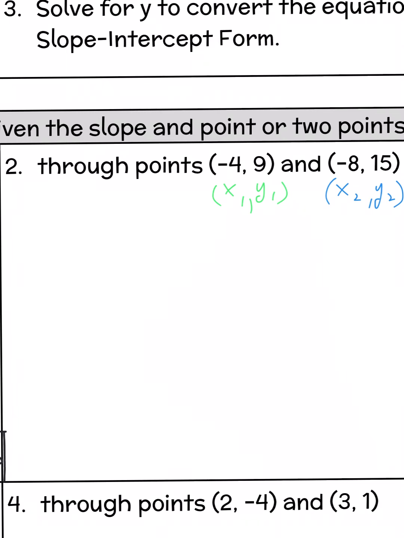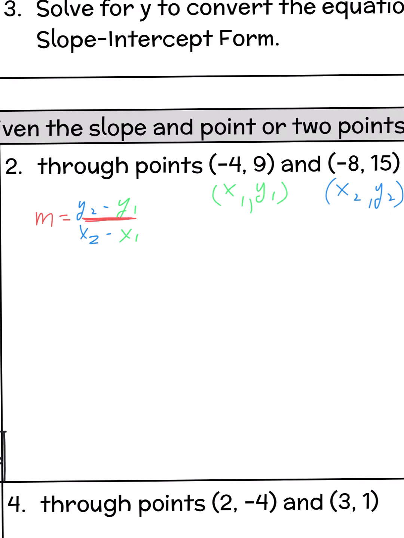To find the slope, I'm going to take y2 minus y1 over x2 minus x1. So that's all division going on right here.